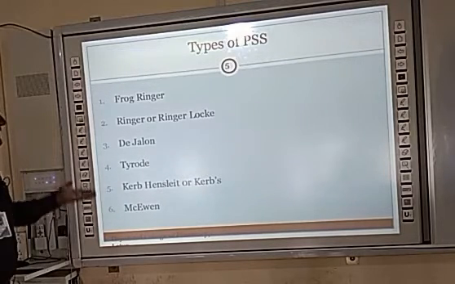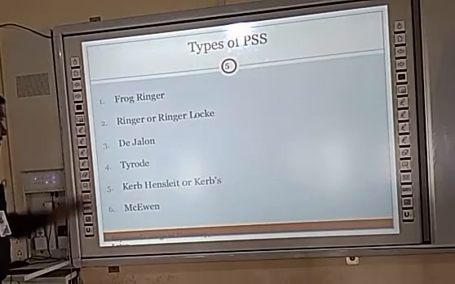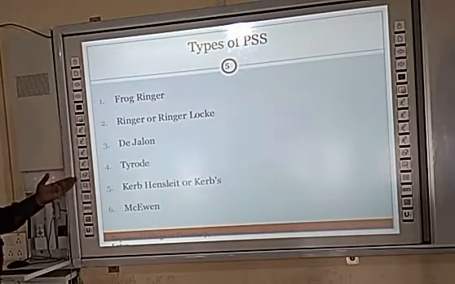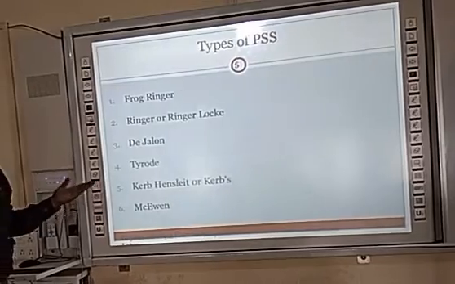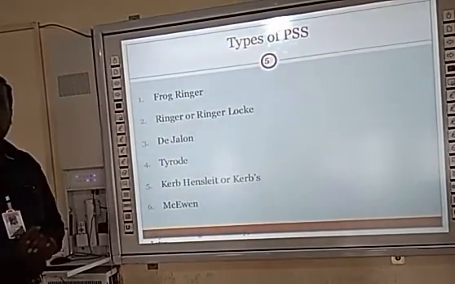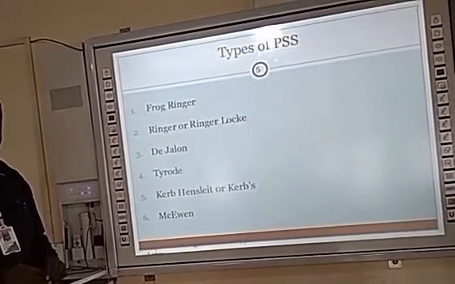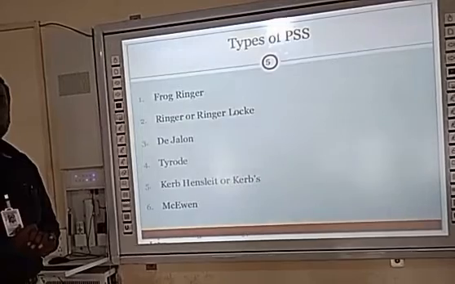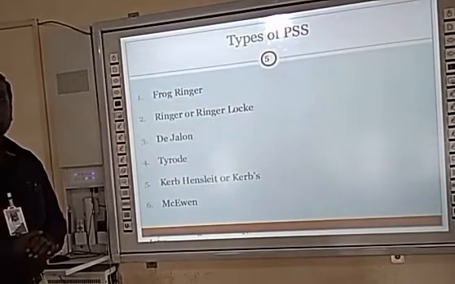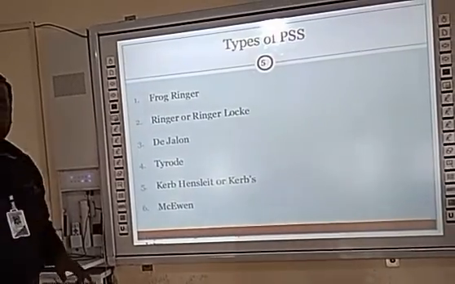So these are the 6 types of physiological salt solutions which may be useful for performing various kinds of pharmacology experiments.